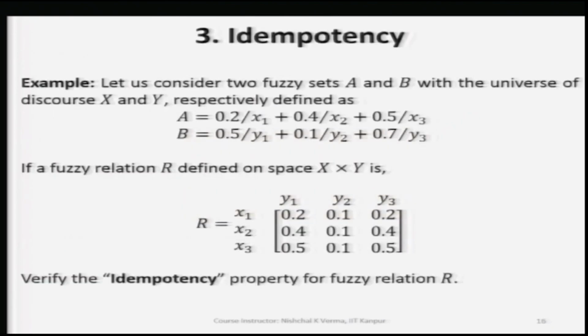Let us quickly check that by taking this example. Here also we take two discrete fuzzy sets and find a relation from A and B, that means A cross B. We have a fuzzy relation set represented in the form of a matrix, where the matrix elements are nothing but the membership values.